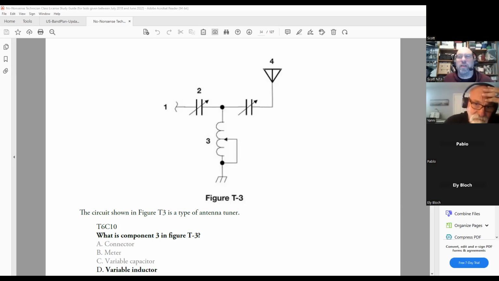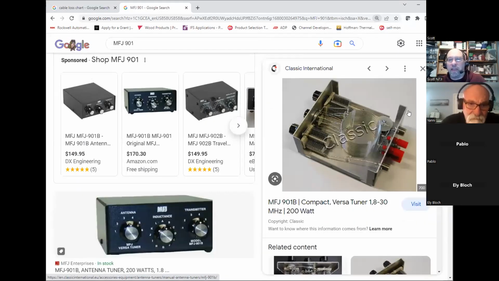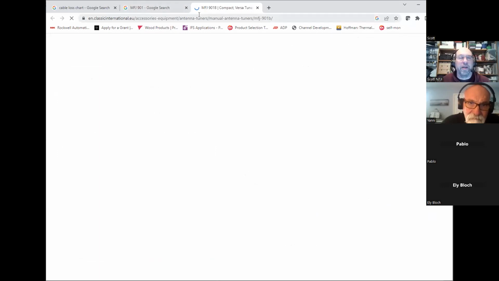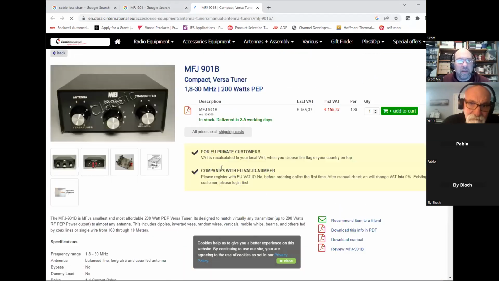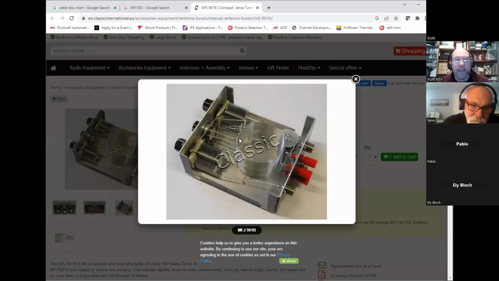So what I'm going to show you is the guts of something called a tuning circuit. Inside this device, let me click on this and see if I can make it bigger. There we go. On the left-hand side, those are capacitors.